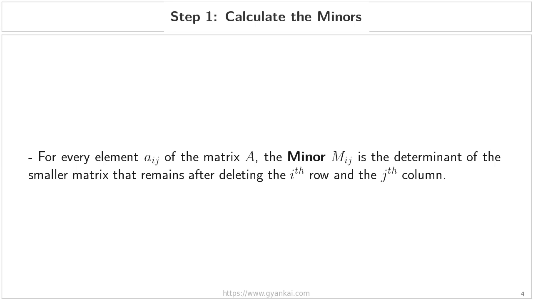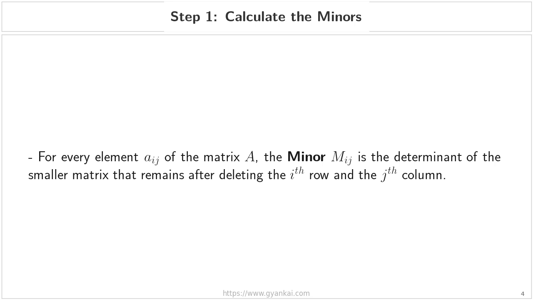Step 1. Calculate the minors. Now that we have an overview of the four-step sequence, let's dive into the very first step, calculating the minors. This is the foundation for everything else we are about to do. To find a minor, you look at every individual element in your matrix, which we denote as a sub i, j. For each of these elements, you are going to perform a specific operation.